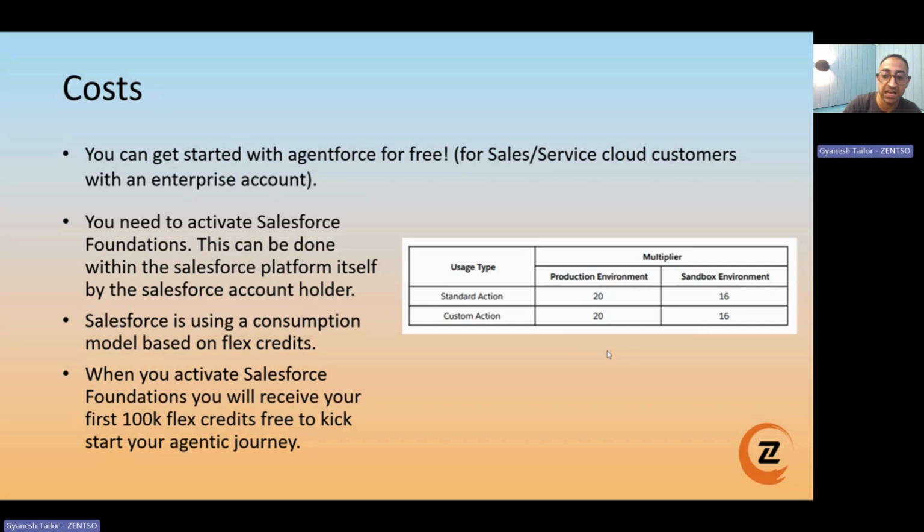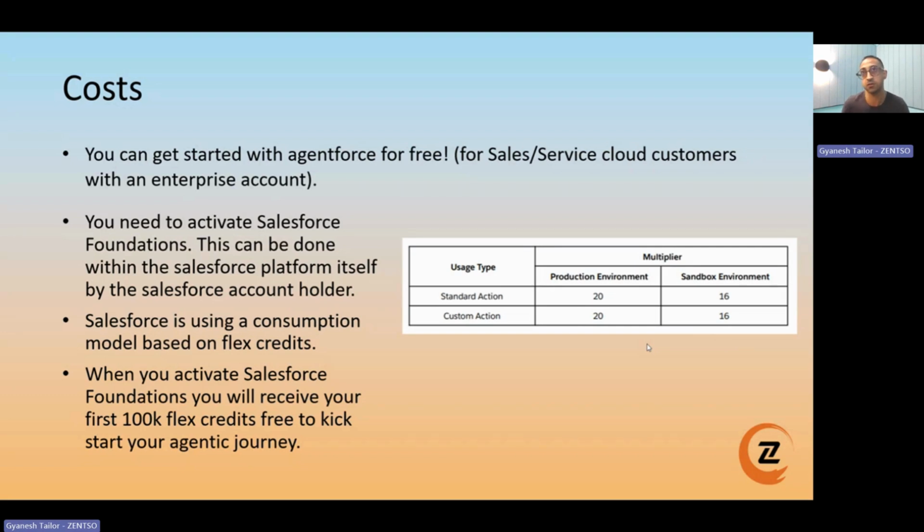In order to calculate your costs and figure out which consumption model is best for you, you'll need to know your use cases first, and then what the usage volumes could look like. If you're predicting your usage volumes to be relatively low, and you've gone with some quick wins, so a very simplistic implementation, then it's likely that the flex credit based model would be the best for you because it's the most scalable.